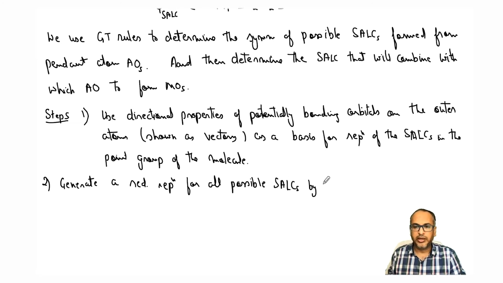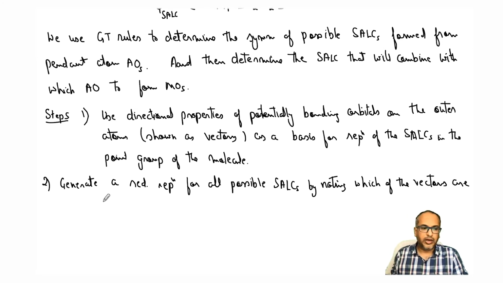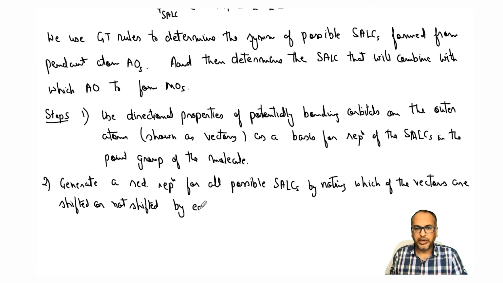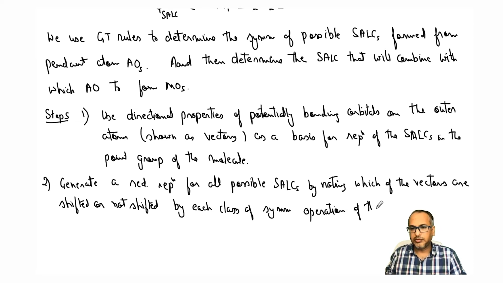We will simply do this by noting which of the vectors are shifted or not shifted by each class of symmetry operation of the point group.